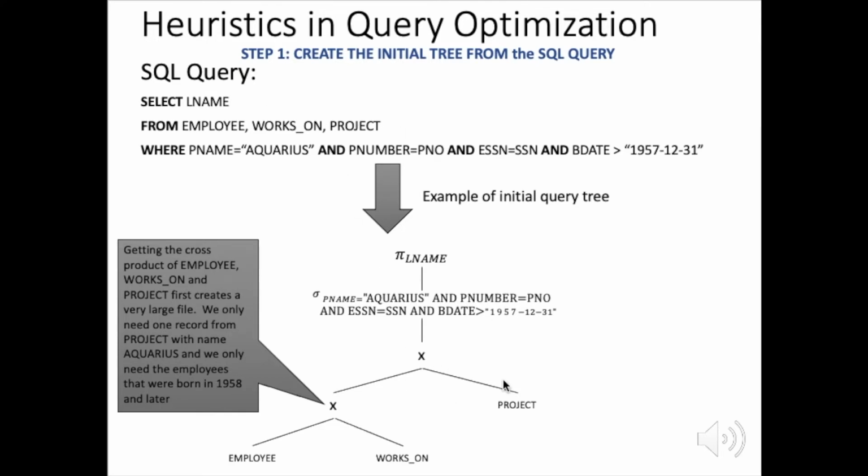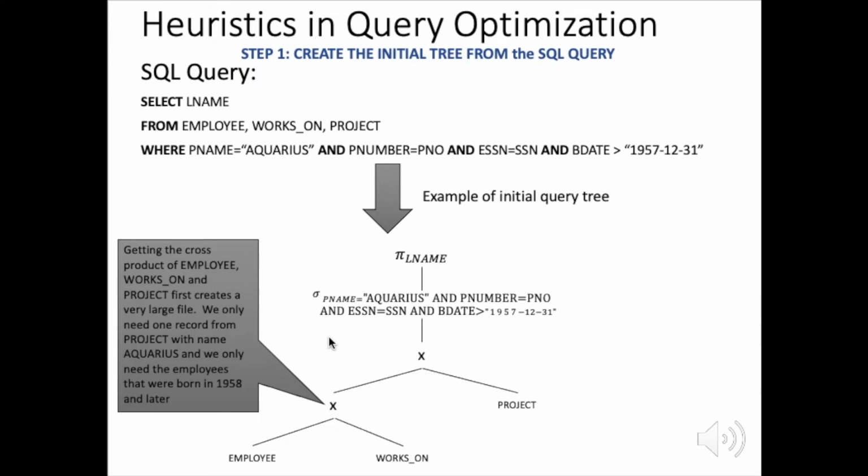If we follow the evaluation of this query tree, the tree will create a very large file from the Cartesian product of employee and works on, and then later on, the Cartesian product of the resulting table and the Cartesian product of project. After nun, saka pa lang tayo magpa-perform ng select operation.